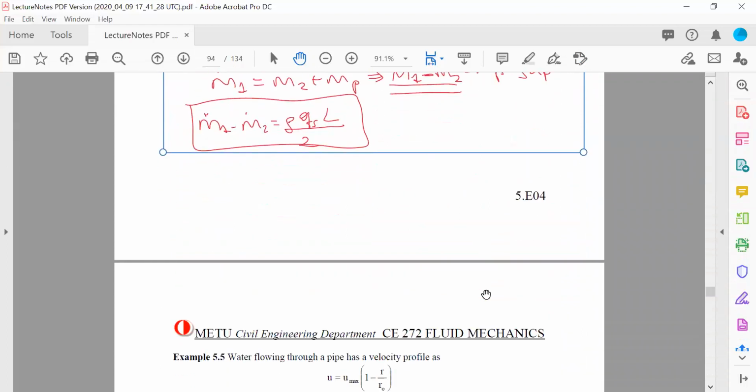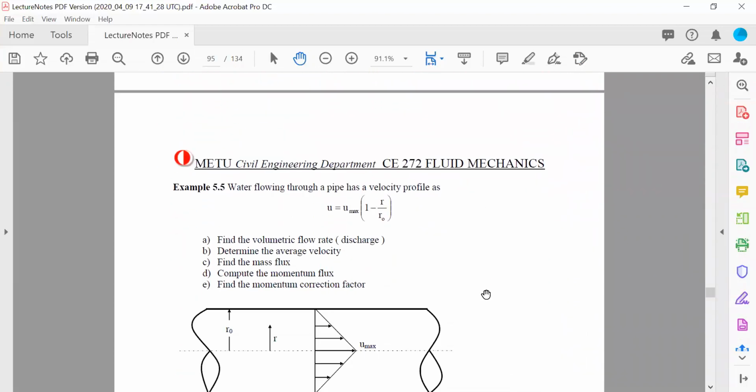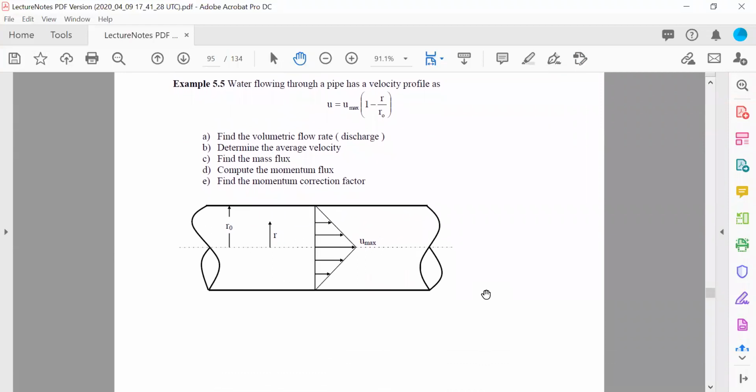Okay, let's go through with the next example, example 5.5. Here, a circular pipe is given again, and the velocity is not constant at the section now, but it is varying linearly. But please note that this is a circle, so that thinking about the cross section, we have maximum velocity here and minimum velocity all over this surrounding boundary.